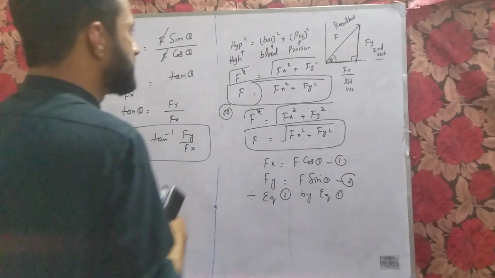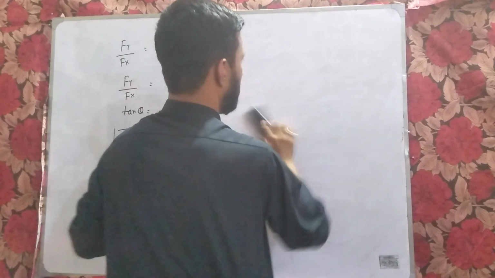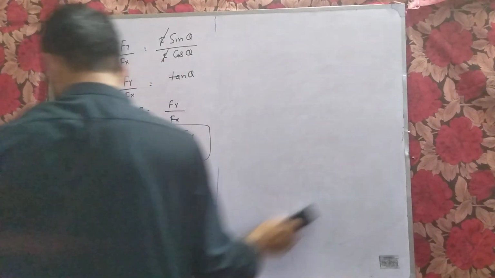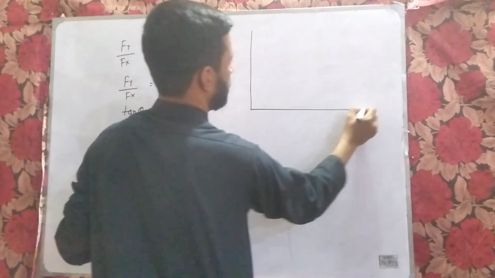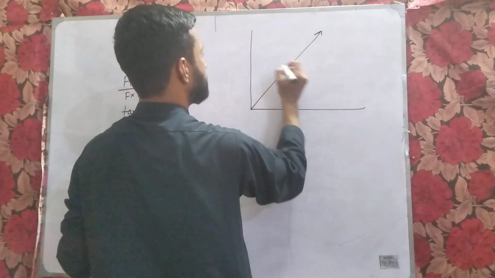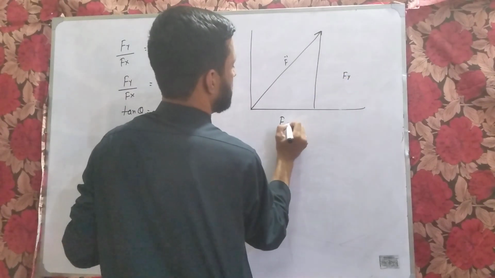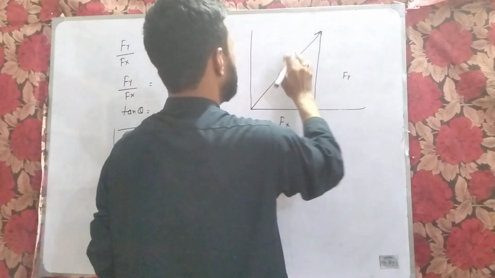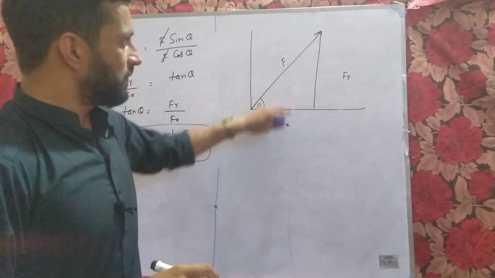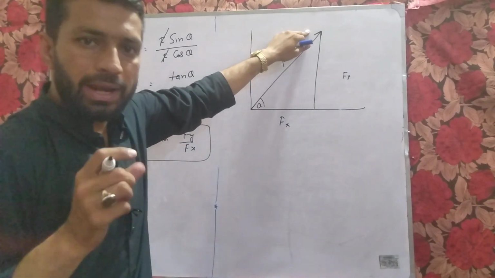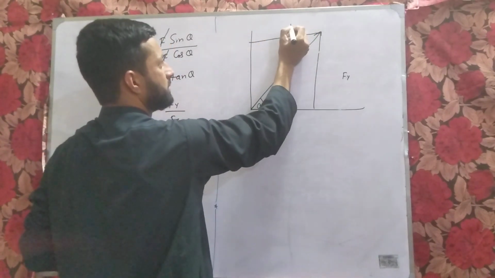We can prove all these equations by another method. This is f, this is fy, and this is fx. If we take the magnitude, there is no need for direction. This is theta. This side is fx, as these two sides are parallel and their lengths are equal.